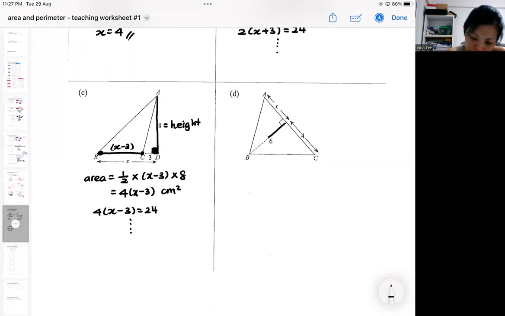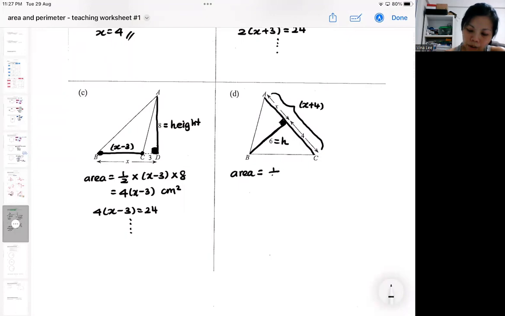Same thing for this question. Find the pair that is perpendicular. The height is 6. The base is this whole thing. If you look carefully, it should be x plus 4. So do the label.